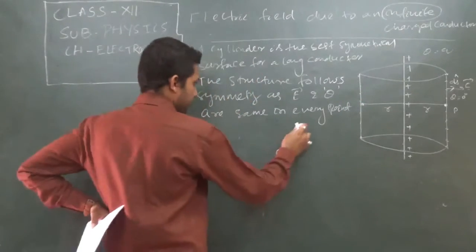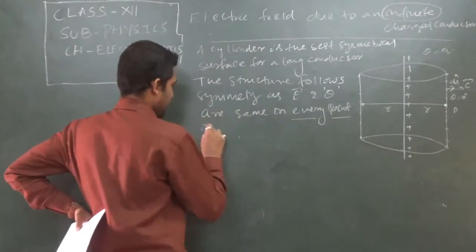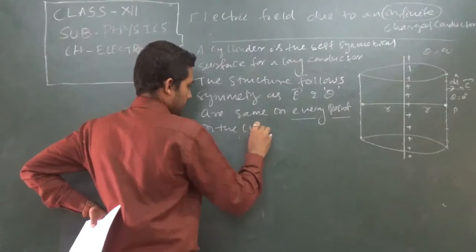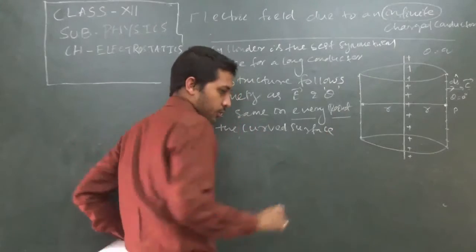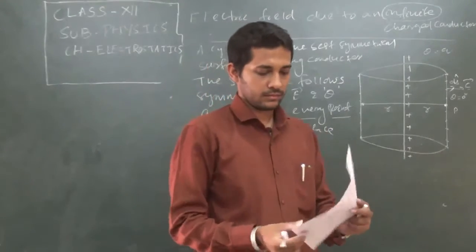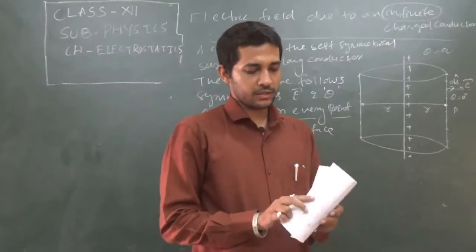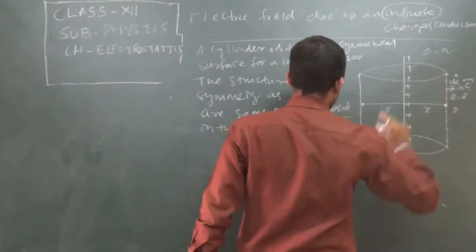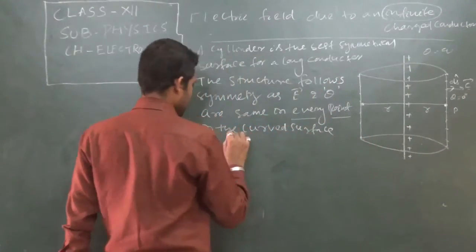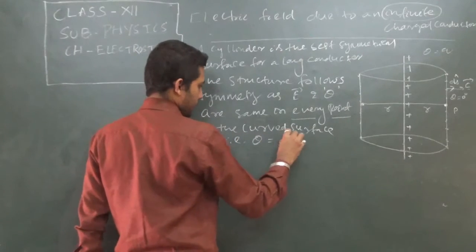Got this part? This is the basic part. In every point in the curved surface, the first case, I told you, this is the curved one. Clear? In this curved surface, we are going to get theta to be 0 everywhere, with respect to the electric field. That is, theta equals 0 degree.